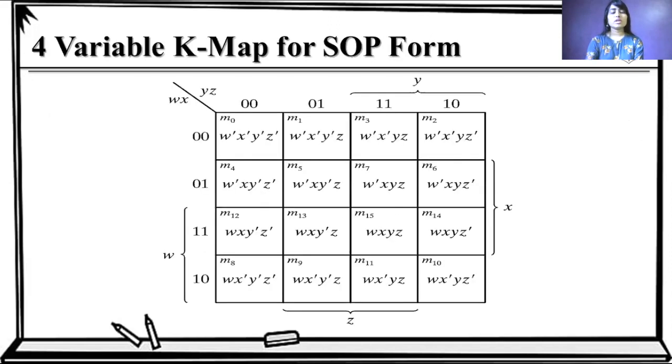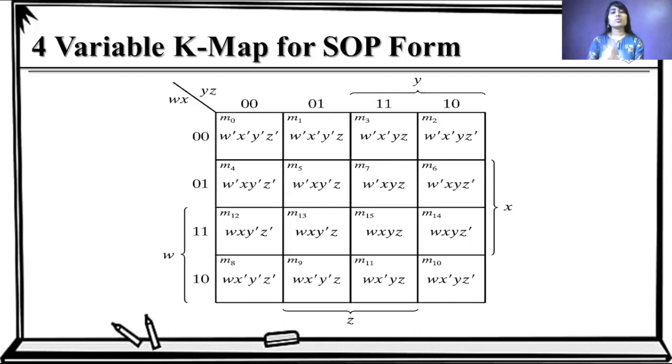Here we have a K-map of 4 variables, total 16 possible combinations, which can be written by pairing wx and yz. For wx we have a total of 4 possible combinations: 00, 01, 11, 10. Again here we write 00, 01, 11, 10 for yz.